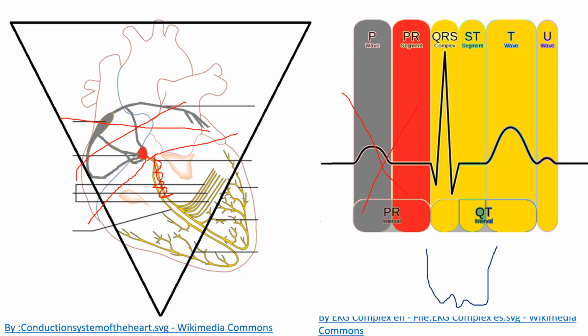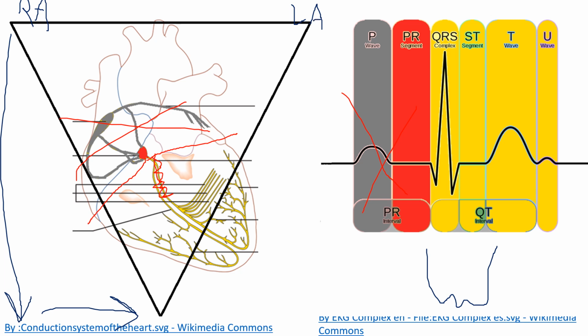So you think about, once again, lead 2, the electricity should be going down and to our patient's left. Remember, this is the right arm, and this is the left arm, right? So as it goes down towards my patient's left arm, that's considered positive in lead 2. But if I start over here, where am I going?